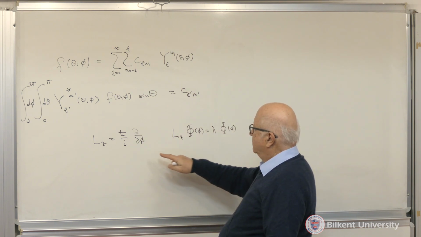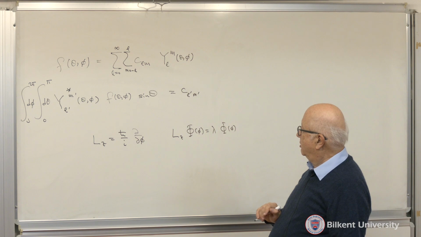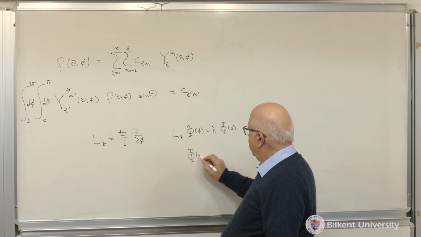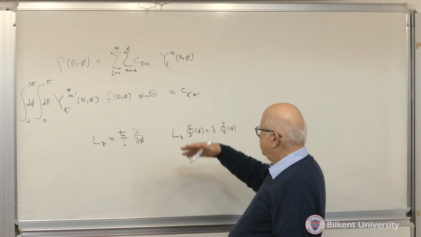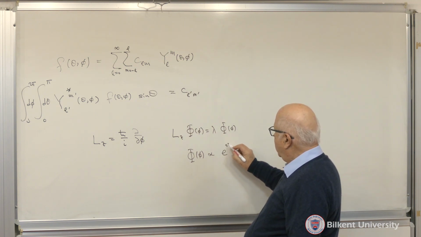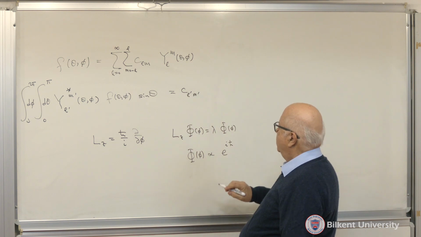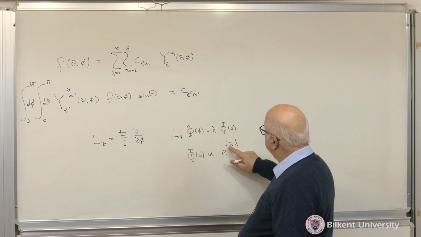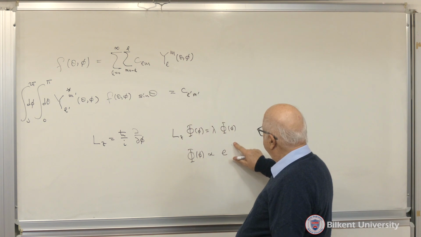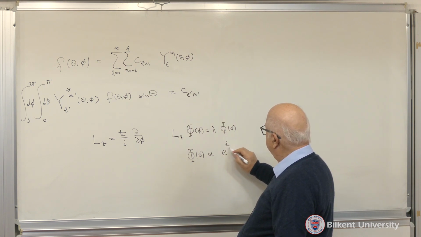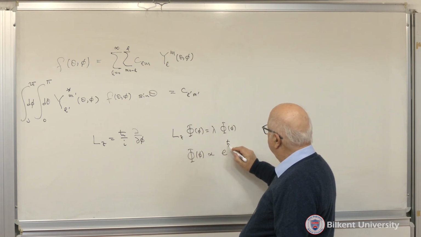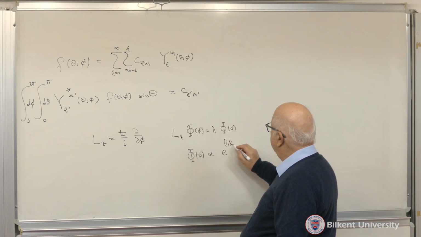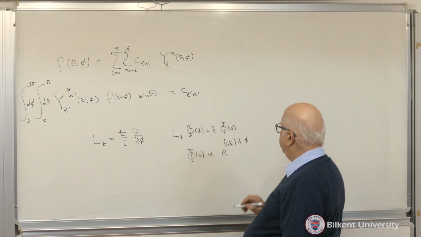So phi of phi is going to be proportional to, because there has to be a normalization, e to the i over h bar times lambda times phi.